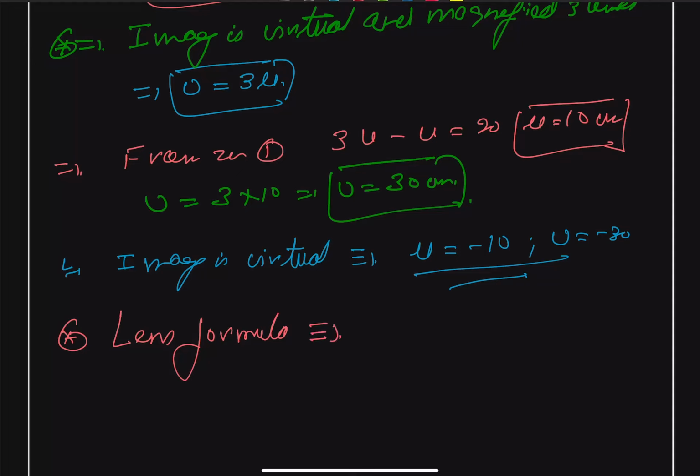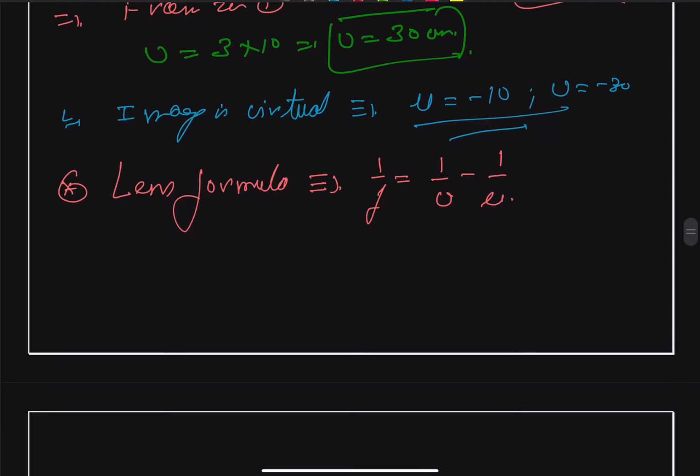The lens formula is 1 upon F is equal to 1 upon V minus 1 upon U. Substituting, we get 1 upon F is equal to minus 1 upon 30 minus of minus 10.